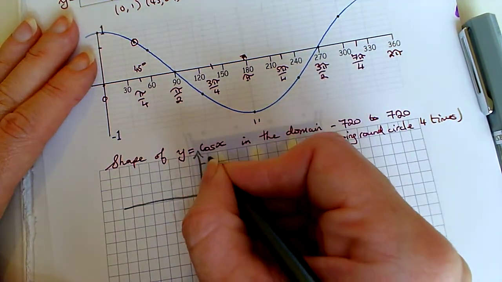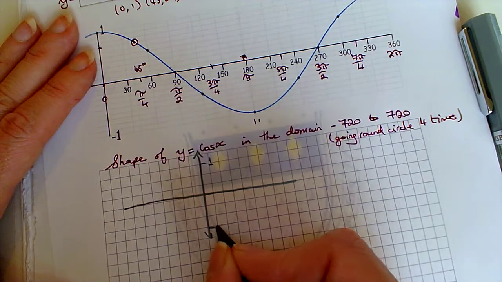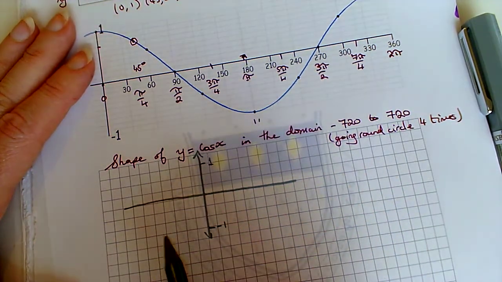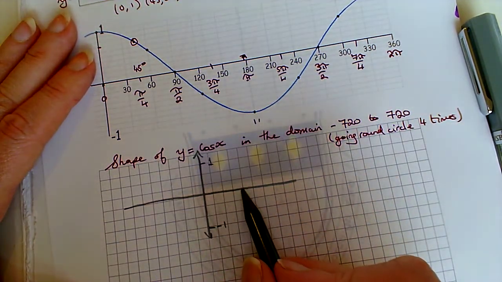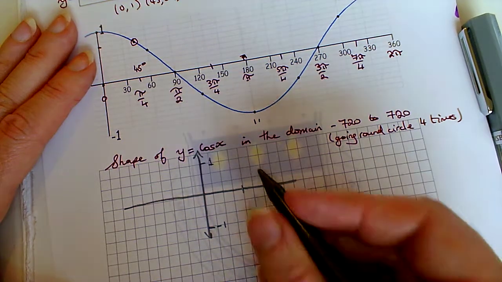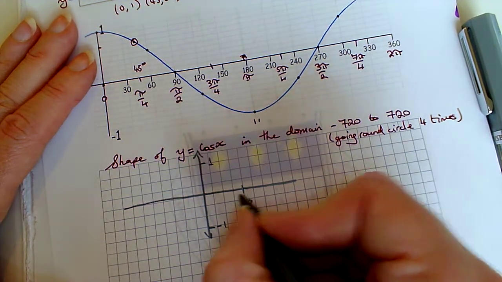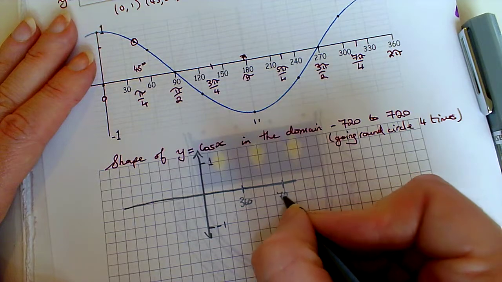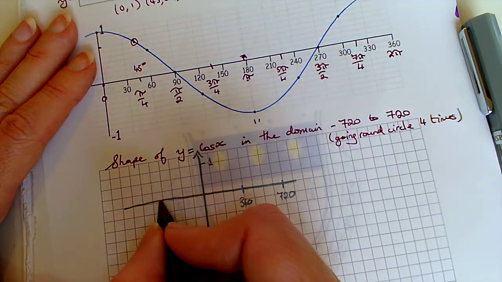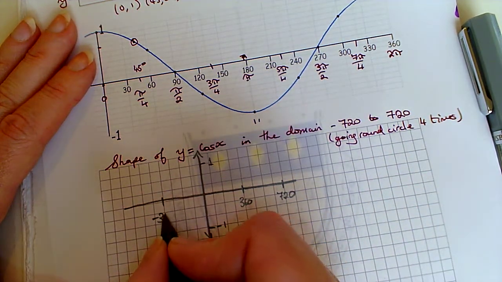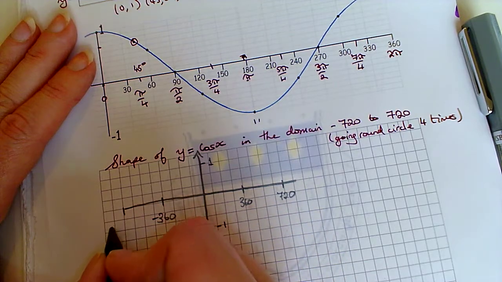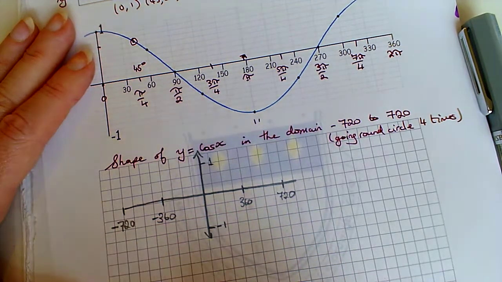I'm going between a +1 and a -1. And let's call this one full circle, 360 degrees, and 2 full circles, 720. One full circle this way, and another full circle that way.